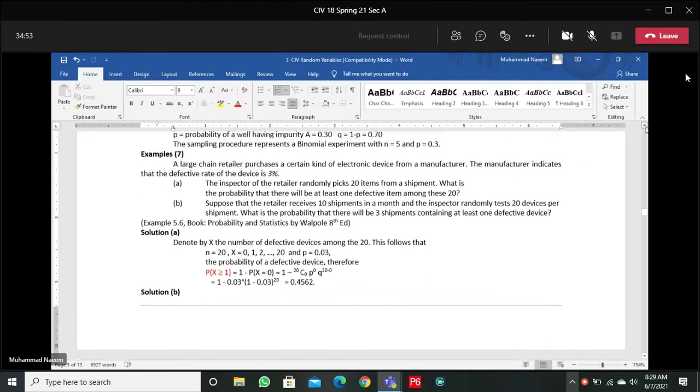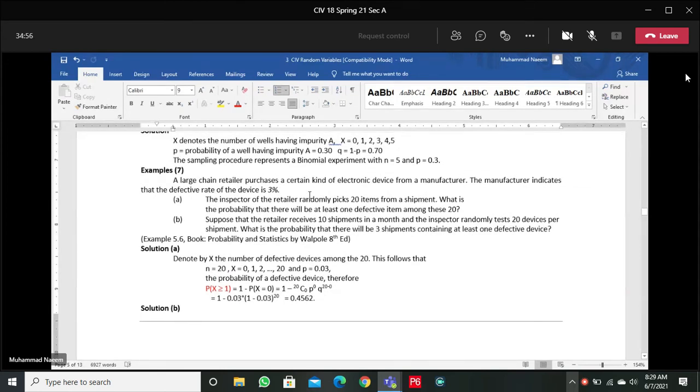This problem is also simple. We are drawing a sample of 20. A large chain retailer purchases a certain kind of electronic device from a manufacturer. The manufacturer indicates that the defective rate of the device is 3%.